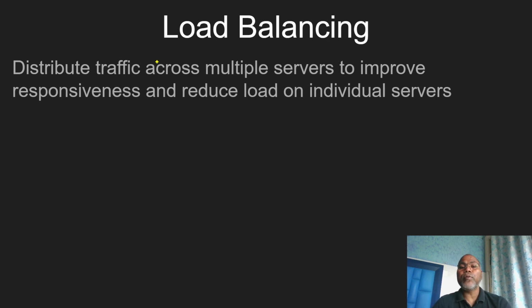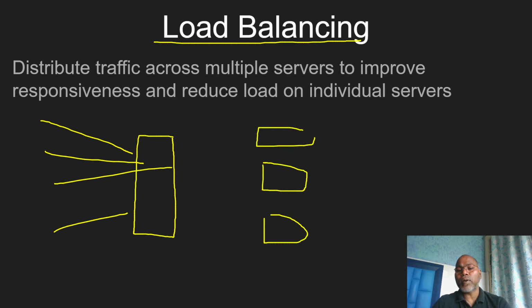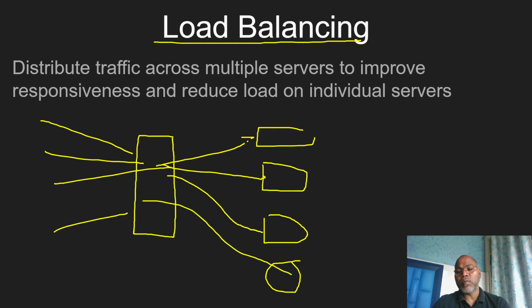Similarly, you have to design your system with load balancing. Load balancing is where all the requests come in, and depending upon the number of servers you started, some load goes to this server, some percentage goes here, some percentage goes there.